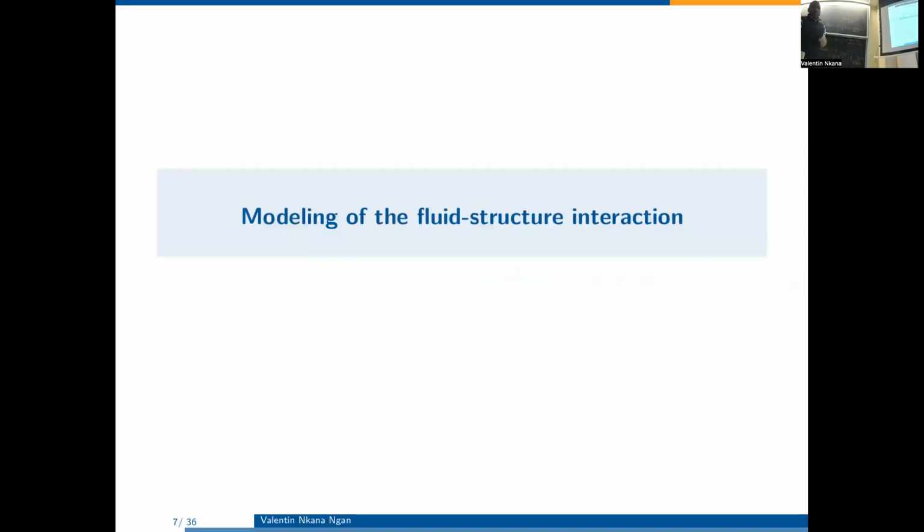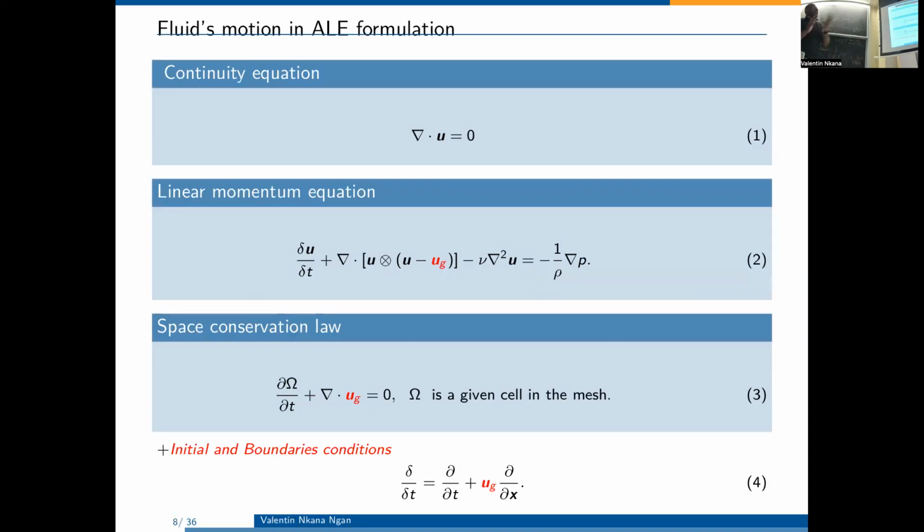I will now show the driving equations behind the fluid-structure interaction problem. We assume that the flow is incompressible. So equation 1 assumes the incompressibility of the velocity. Equation 2 is the linear momentum equation.